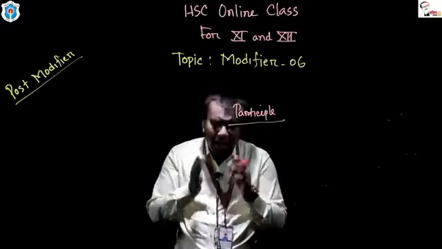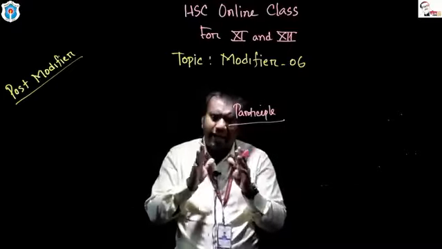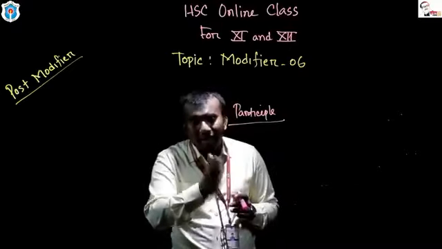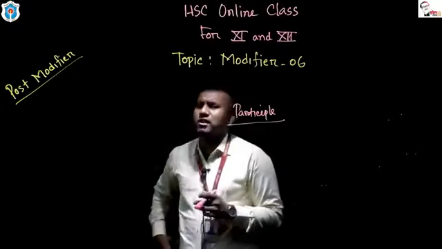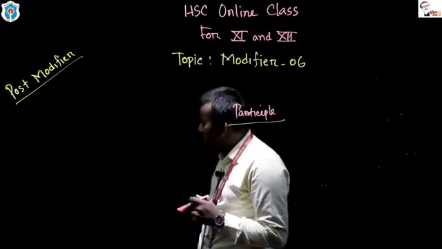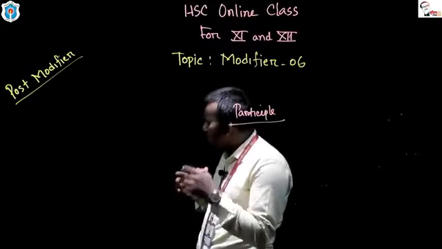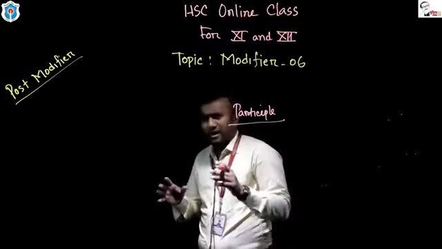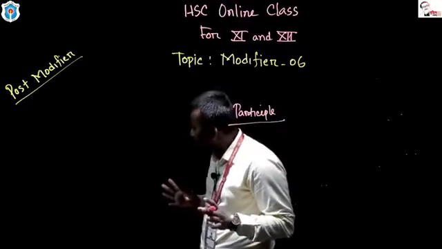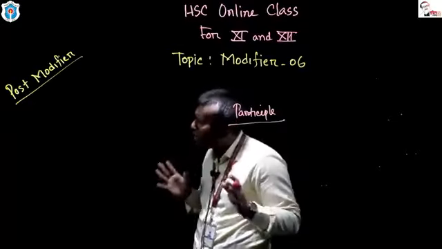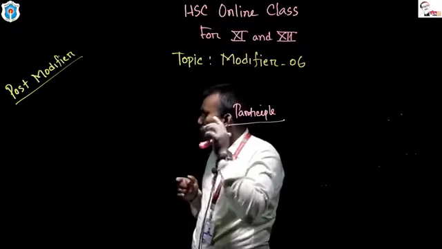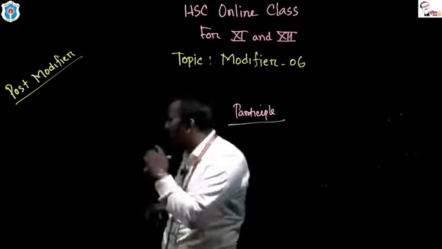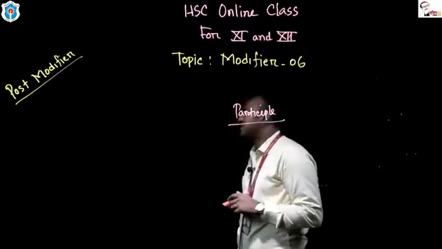That means if any form of verb works as an adjective, that form of verb will be called participle. Is it clear to you, my dear students? So participle works as verb and adjective at a time. Participle is always a form of verb. But whenever this form of verb works as an adjective, it's called participle.